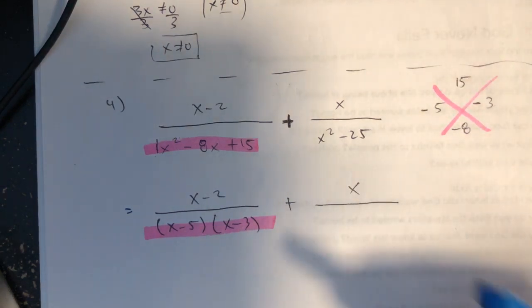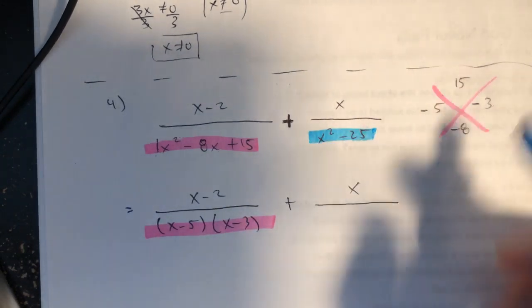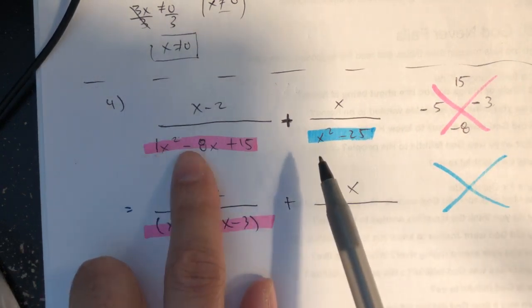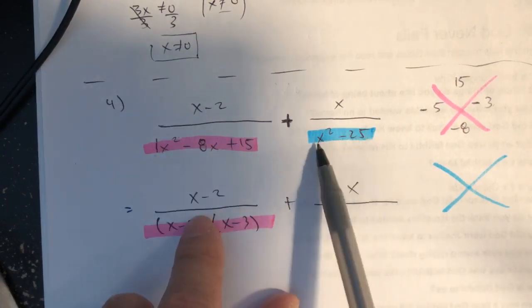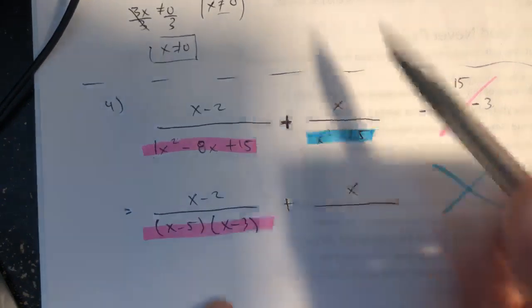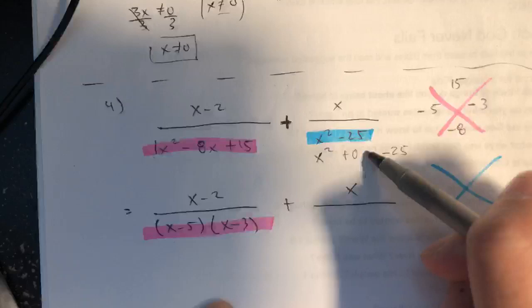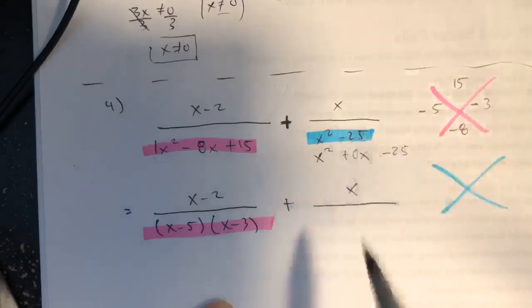Okay, now I'm going to factor this one here in blue. Now, we did say that this one was a trinomial. 1, 2, 3. This one only has 2 terms, so how do I make a binomial a trinomial? And what's tricky is that this is actually your c value. You're going to have to add a placeholder that would be 0x.